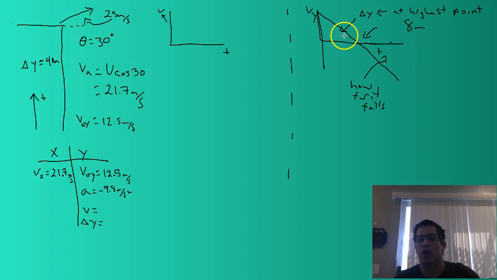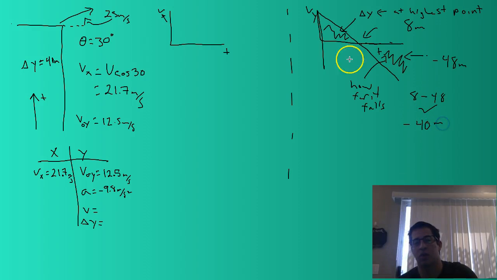Okay, so if we went 8 meters here, and then we fell all the way down to here, well, if we're going to end up 40 meters below where it started, then the number we would add to 8 to bring us down to 40 meters below would be negative 48 meters. So the area of this part right here would be negative 48, and so 8 minus 48 gives us a vertical displacement of negative 40 meters.